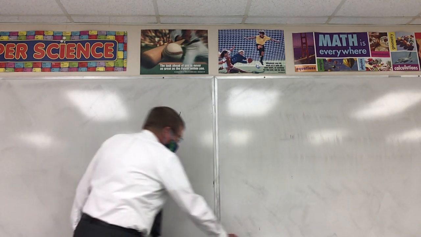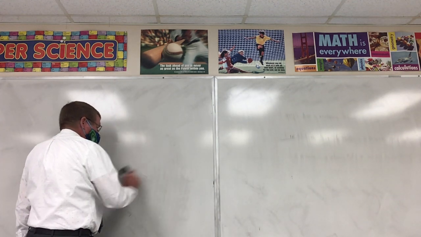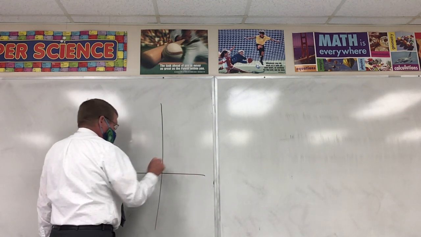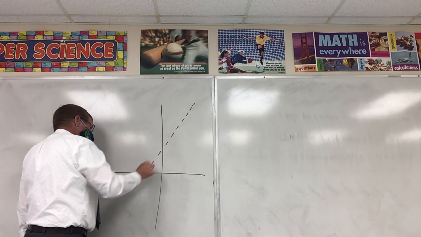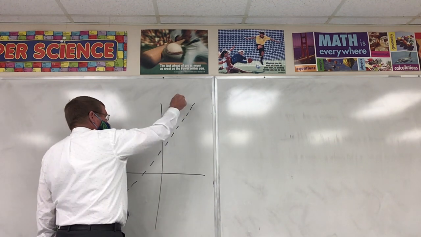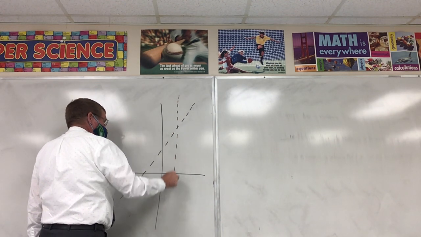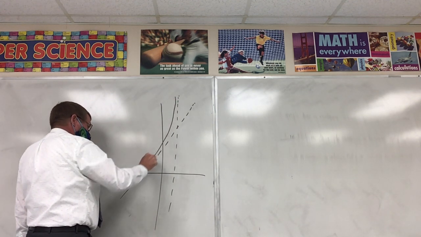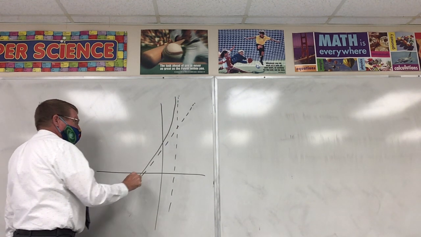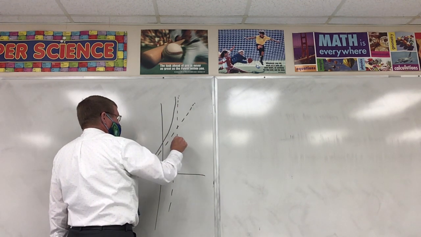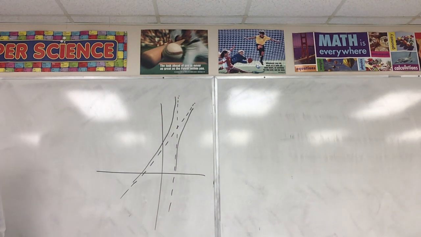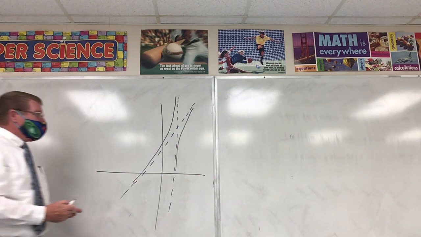But what happens is that a lot of my oblique asymptotes, say for instance if I have this asymptote and this asymptote, a lot of times my graph would come here, and my graph would come here. And my graph looks like a particular function at the end.